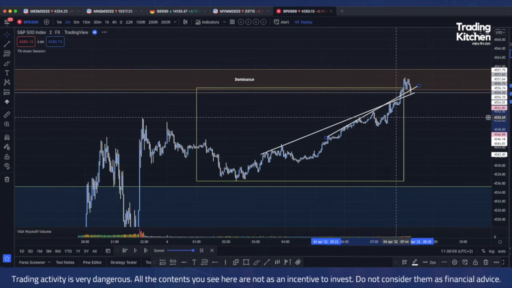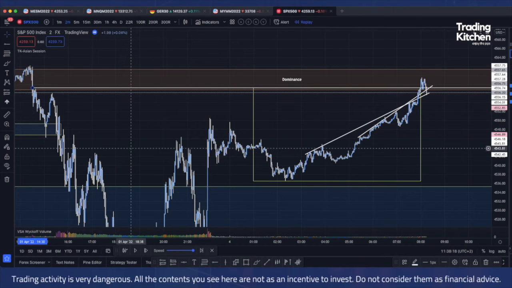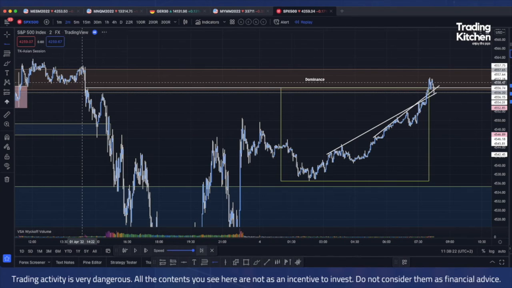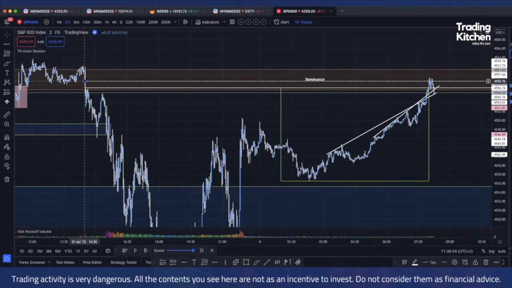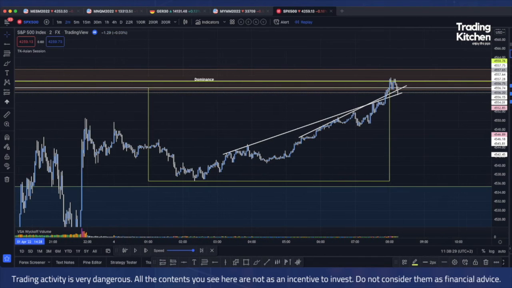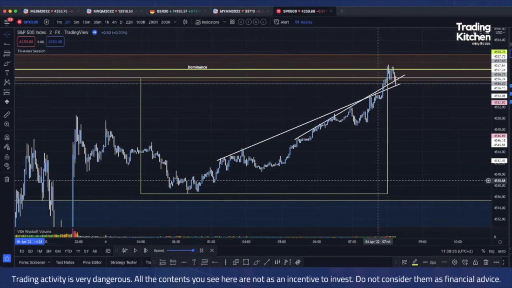So we have a dominance, we have a good zone, we have liquidity also here, and we have an inefficiency here. It means that if price returns inside the zone, we are going to be short.